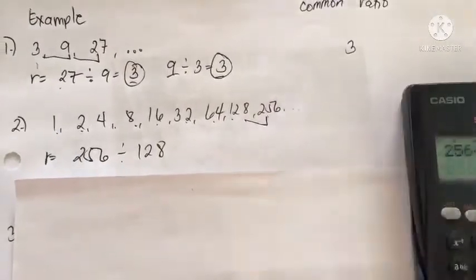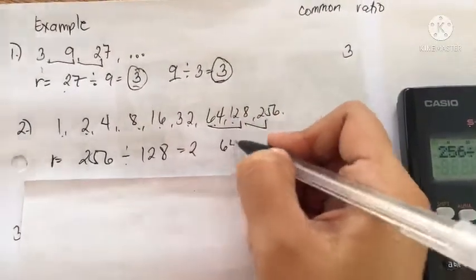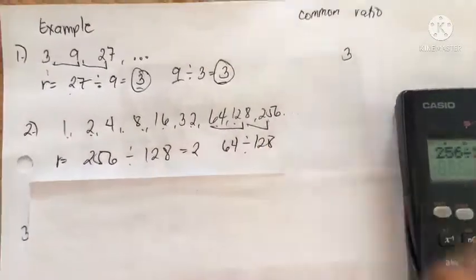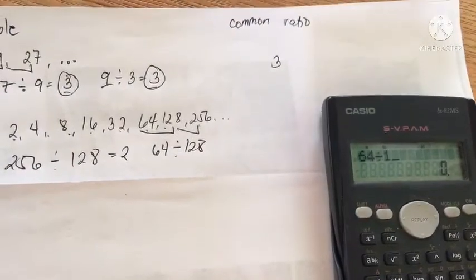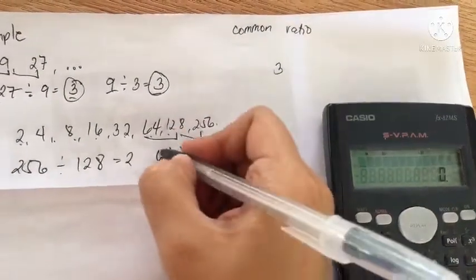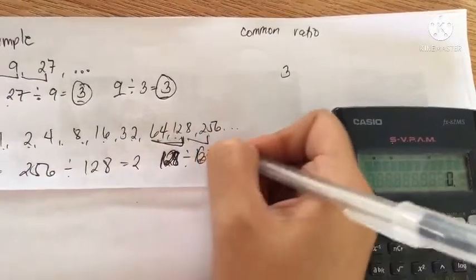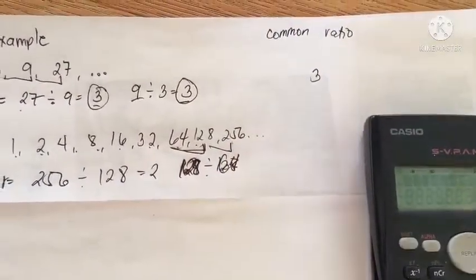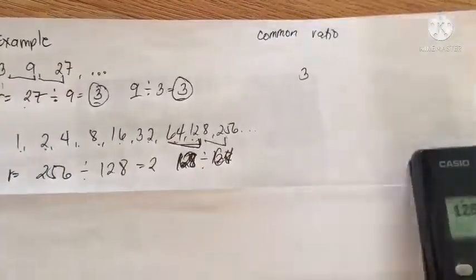The answer is 2. Okay, another. 128 pabaliktad divided by 64. 128 divided by 64. The answer is 2.